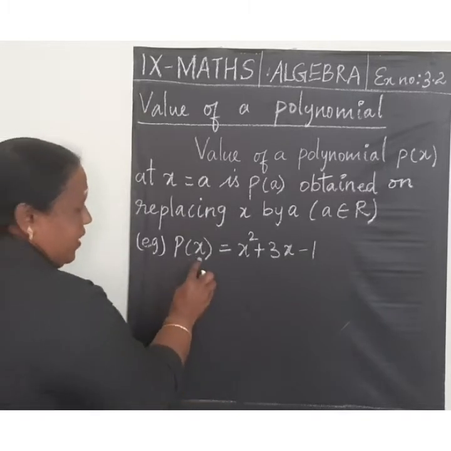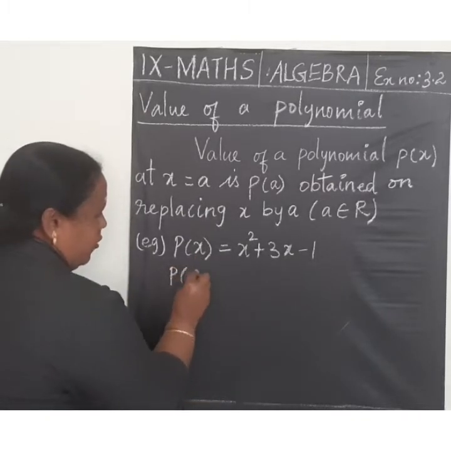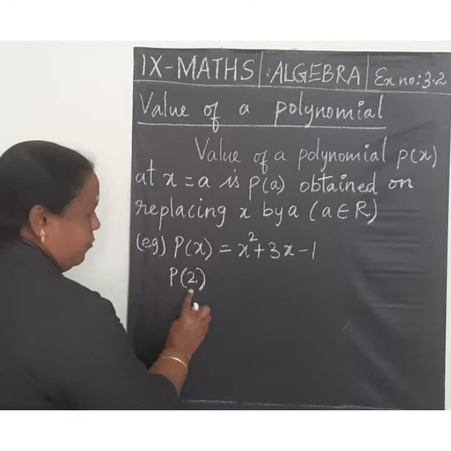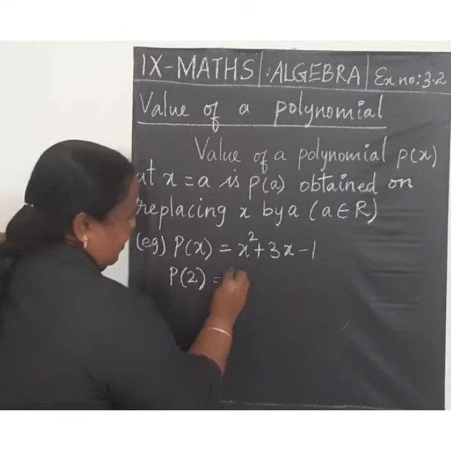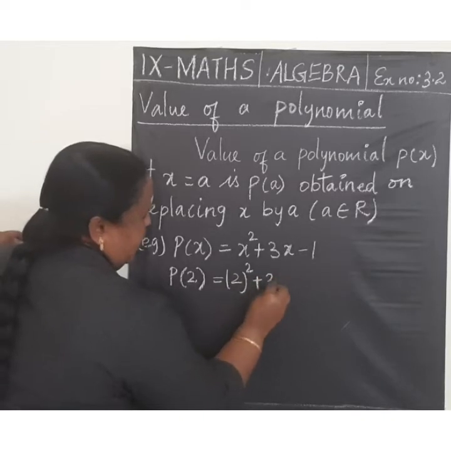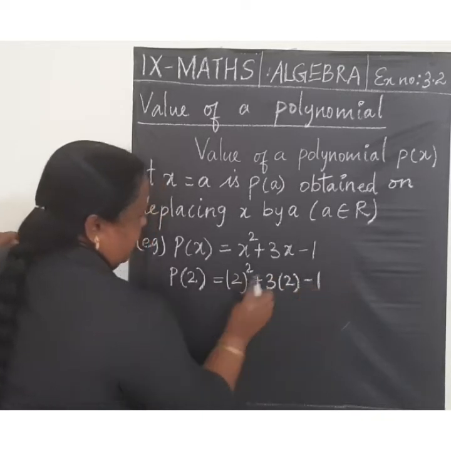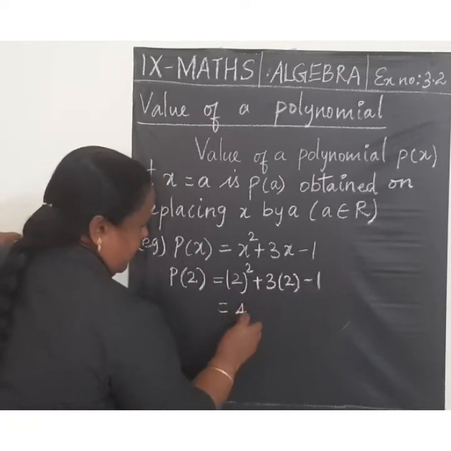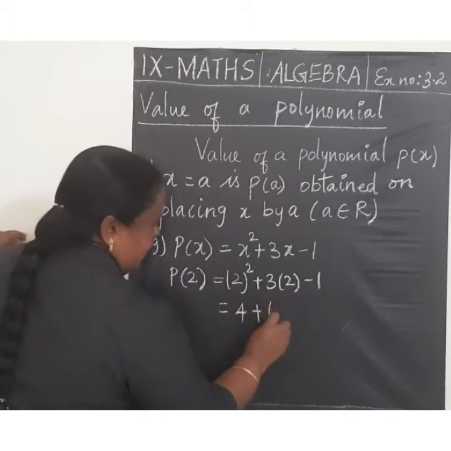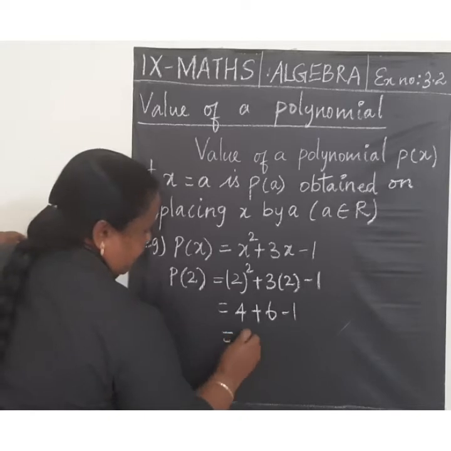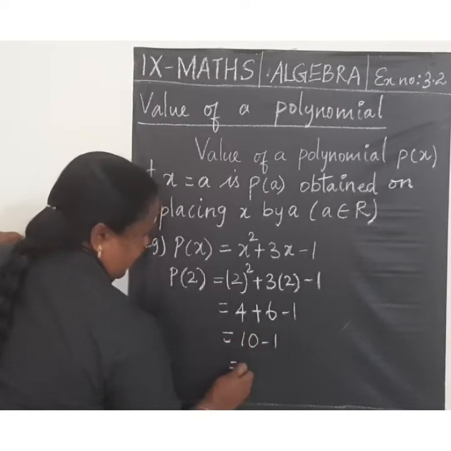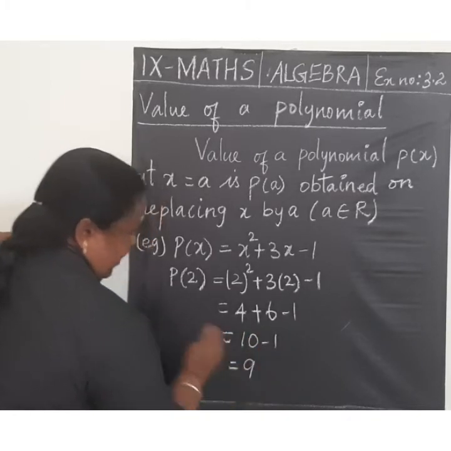So in the place of x we are going to substitute 2. So p of 2 is equal to 2 squared plus 3 into 2 minus 1. 2 squared is 4, plus 3 twos are 6, minus 1. 4 plus 6 is 10, 10 minus 1 is 9.